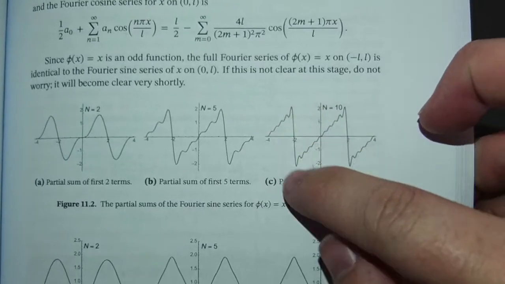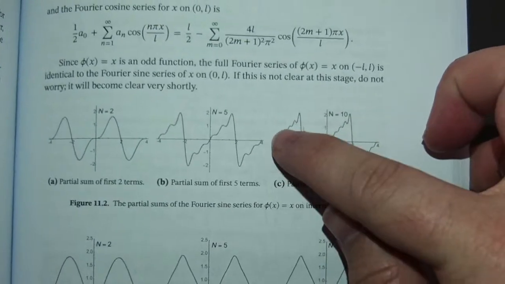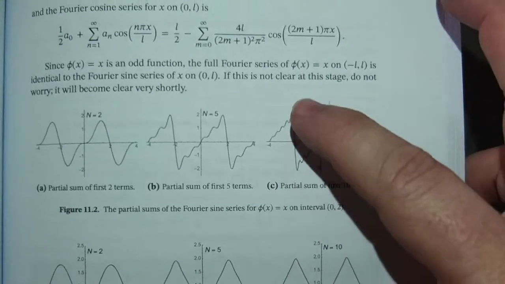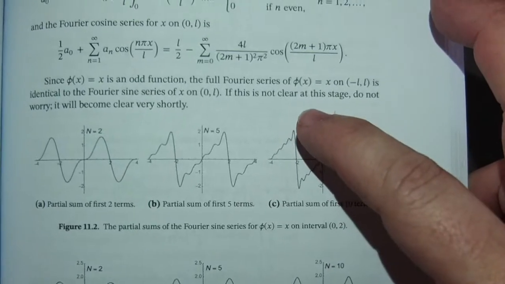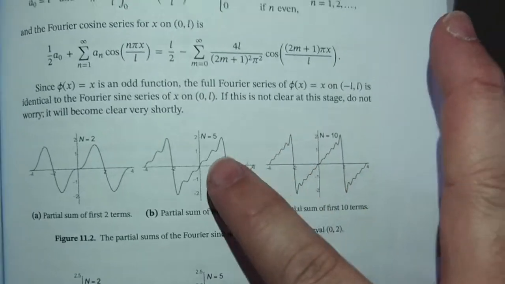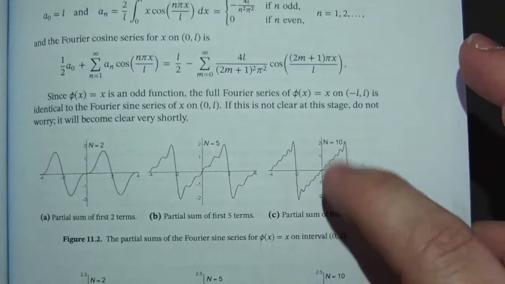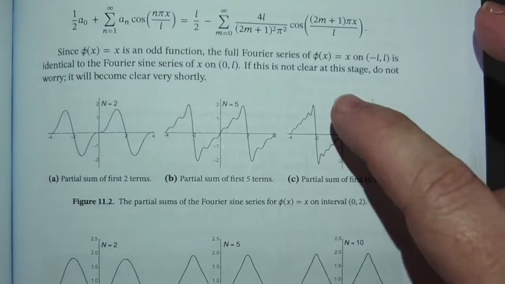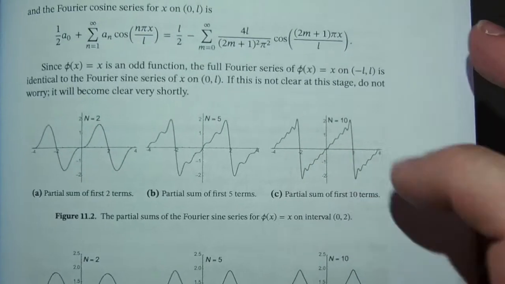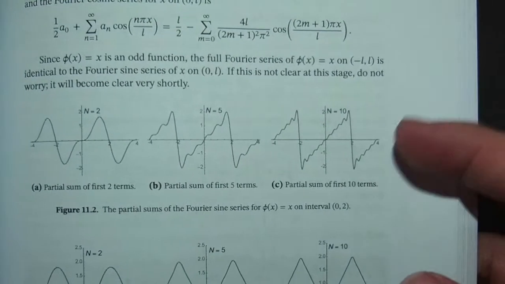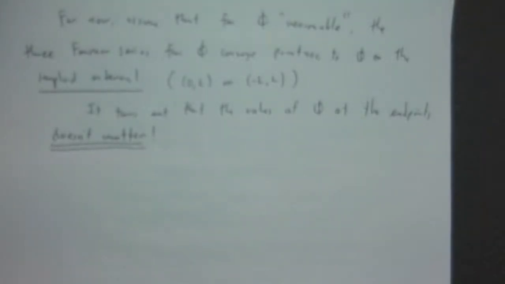What's going on here does depend on the values of phi in some way, but whatever's happening, it doesn't matter because the Fourier series is going to smooth it out in the partial sums. There may be discontinuities in the limits, as we'll see, but these things still have the properties that we want. And that's another way of thinking about why the values of phi itself don't actually matter at the endpoints.